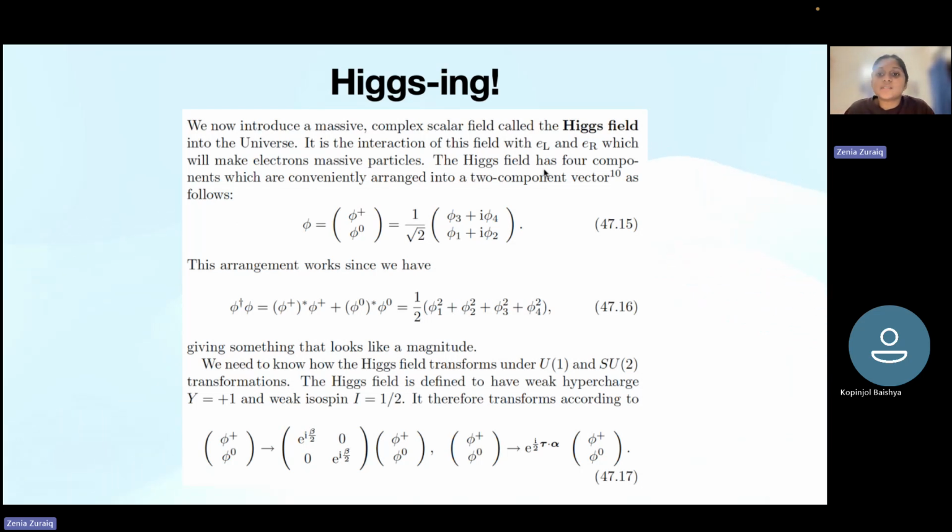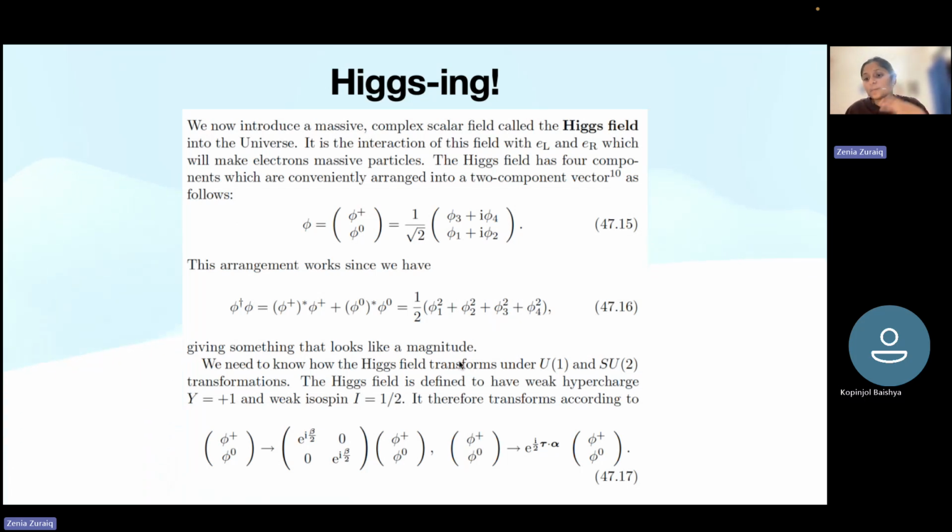The Higgs field has four components which are conveniently arranged into a two-component vector. So without any loss of generality, you can write the Higgs field to be like this. It's basically a Higgs doublet, it's called. And basically this is the magnitude.